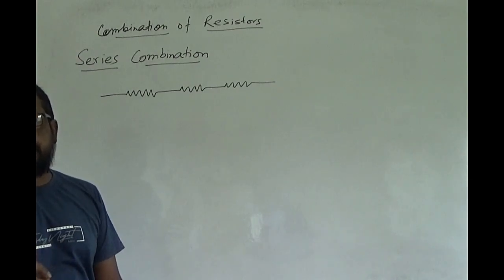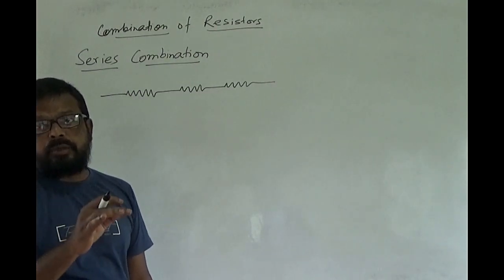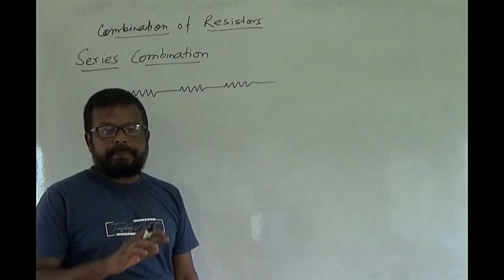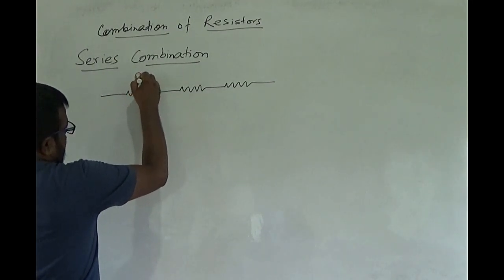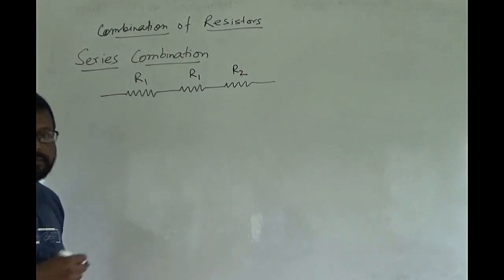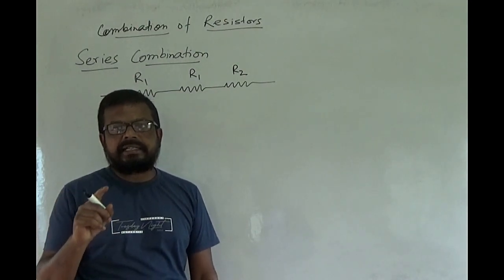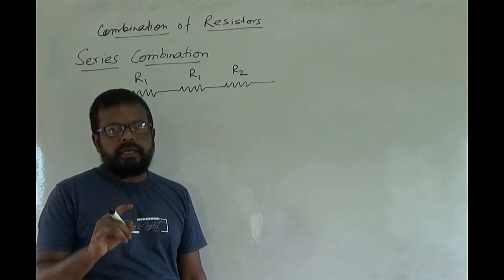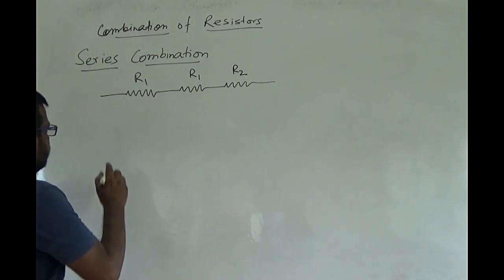In series combination, the same current flows through all the resistors when some potential difference is applied across the combination. Let us consider three resistors of resistances R1, R2 and R3 connected in series, and I is the current flowing through each resistor when a potential difference V is applied across the combination.